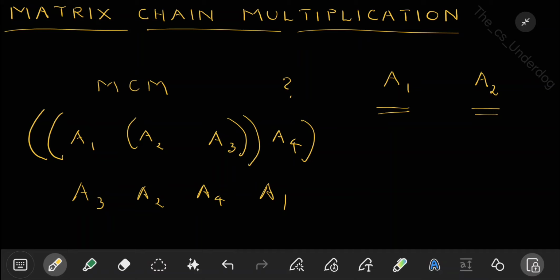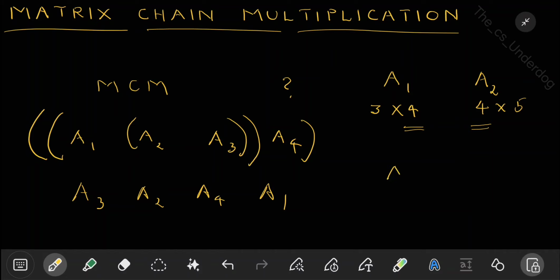If that is violated, it is not even possible to do a multiplication. For example, if A1 has 3 rows and 4 columns, and A2 has 4 rows and 5 columns, the number of columns in A1 is the same as the number of rows in A2, so it is possible to multiply A1 and A2.